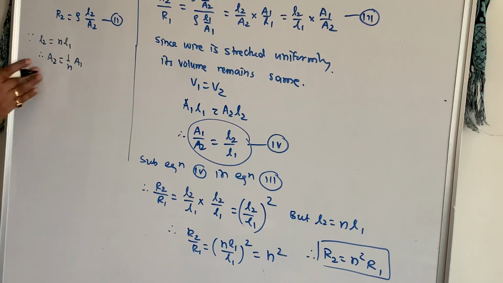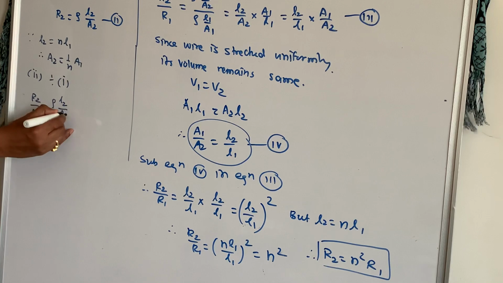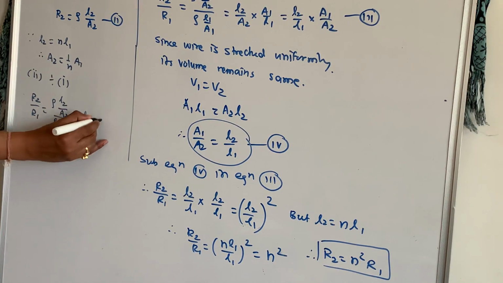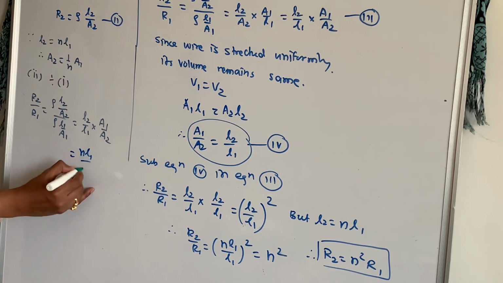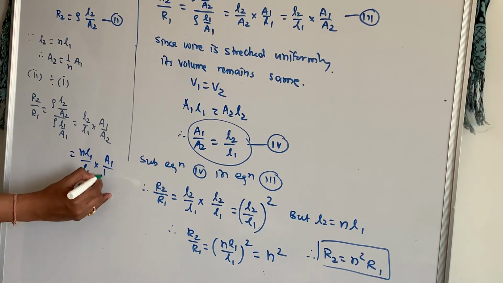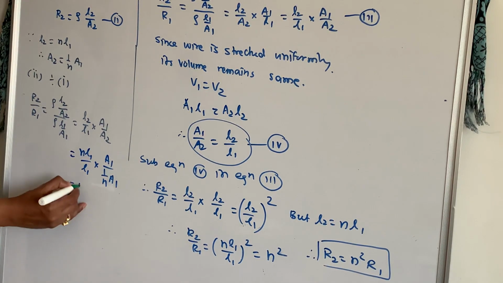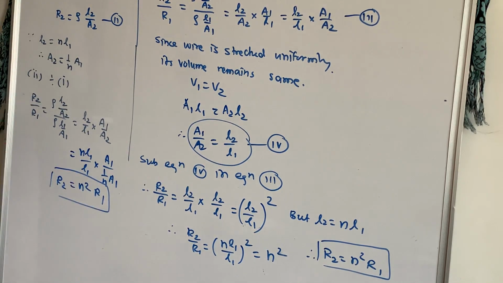Dividing equation 2 by equation 1, R2 by R1 is equal to rho L2 upon A2 upon rho L1 upon A1, which is L2 by L1 into A1 by A2. Substituting L2 as n times L1 and A2 as 1 by n times A1, A1 and A1, L1 and L1 cancel. This comes out to be n squared. So R2 is equal to n squared R1. This is the same proof.